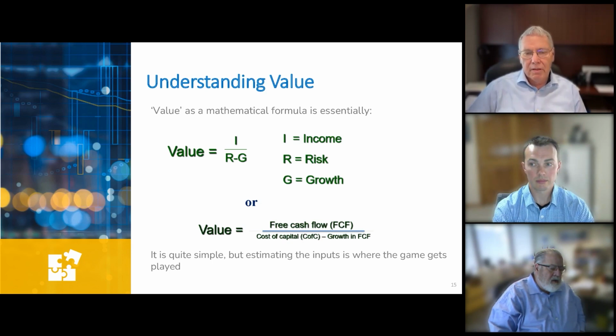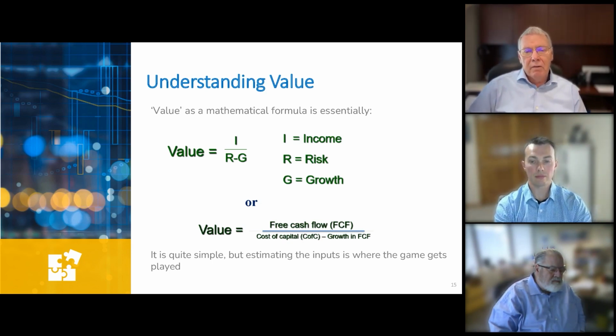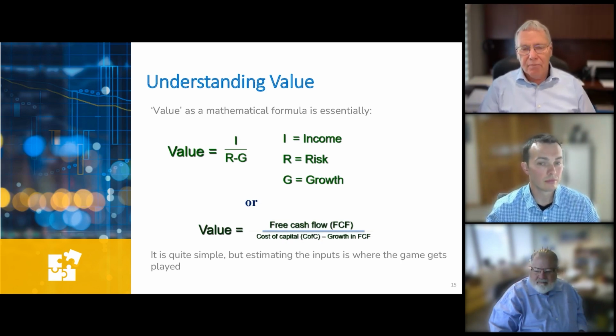More technically, what you see at the bottom, the value of a firm is its free cash flow divided by its cost of capital minus its growth in the free cash flows. Okay, all that's well and good. It sounds very simple, and in theory it is, but in practice, getting the inputs for this clean looking formula, that's the hard part, and that's where you are for practice.